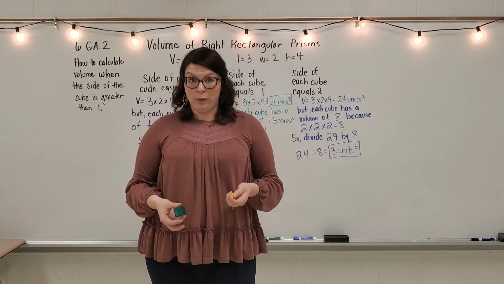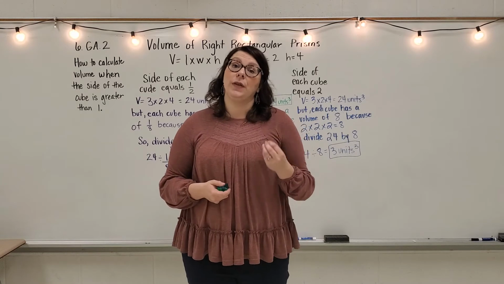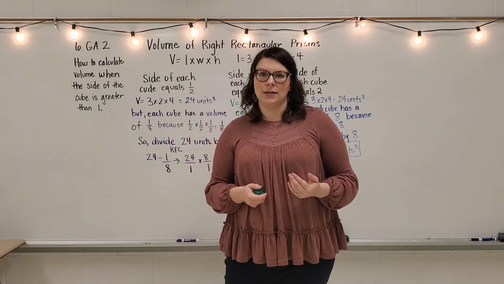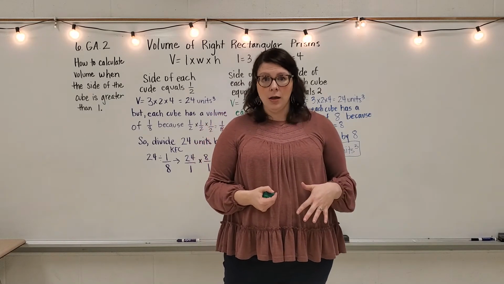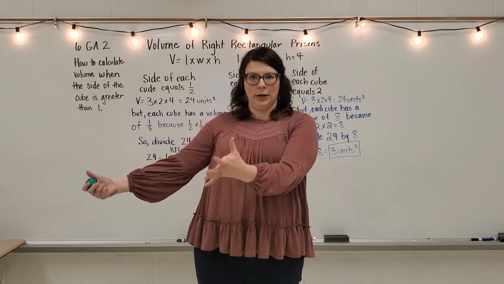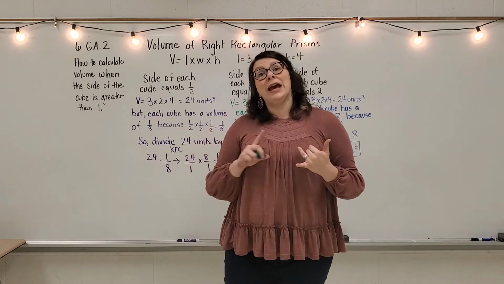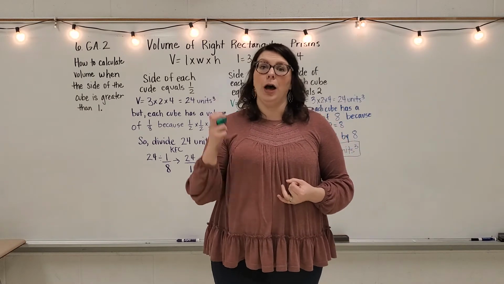So to break it down for you, anytime the question tells you that the unit is greater than 1, it's going to be worded like this. It's going to say something like, what is the volume of a figure if the side length of each cube equals whatever the amount is? So you'll calculate the original volume and divide it by the volume of the cube.